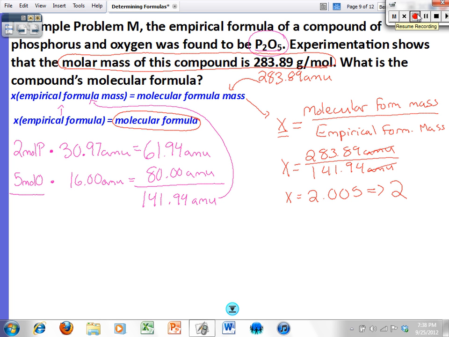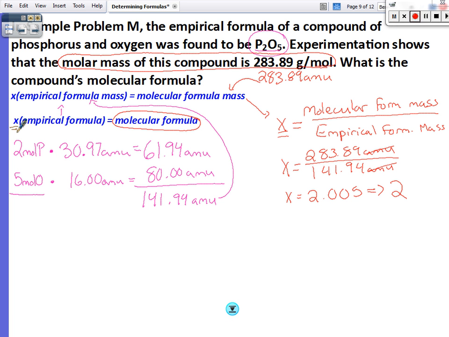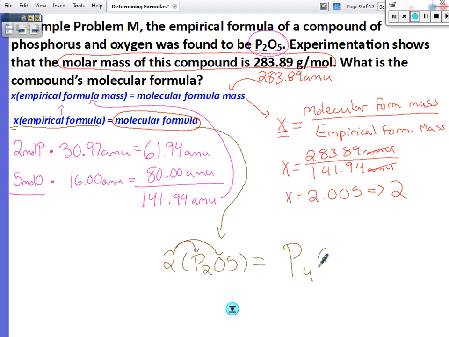So now I have my X value. I've got my empirical formula. I can find my molecular formula by coming down here and just doing 2 times P2O5. If I take that 2 and I distribute it through, that will give me a molecular formula of P4O10. And that gives me my molecule. Okay?